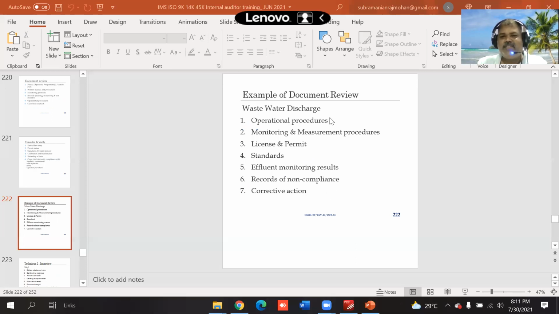So that means these are the processes. You must know what the legal process is, and you must know what the operational procedure is, so that everything is in place. As long as you're able to show it, because your license and permit is a legal compliance. You cannot discharge water anyhow.